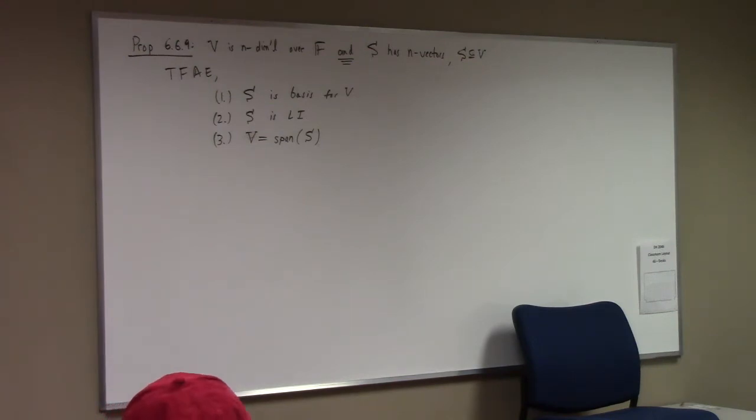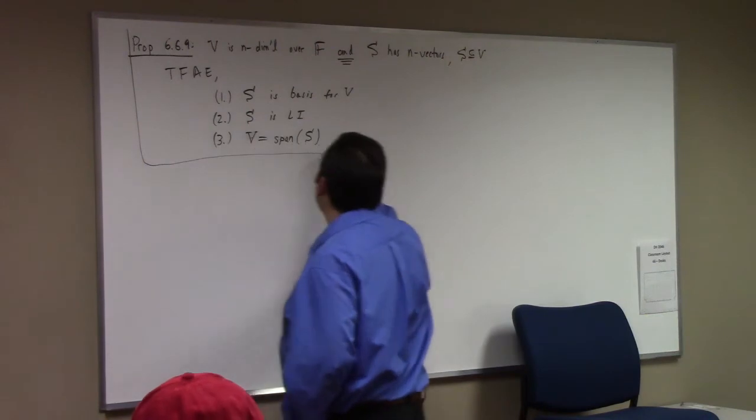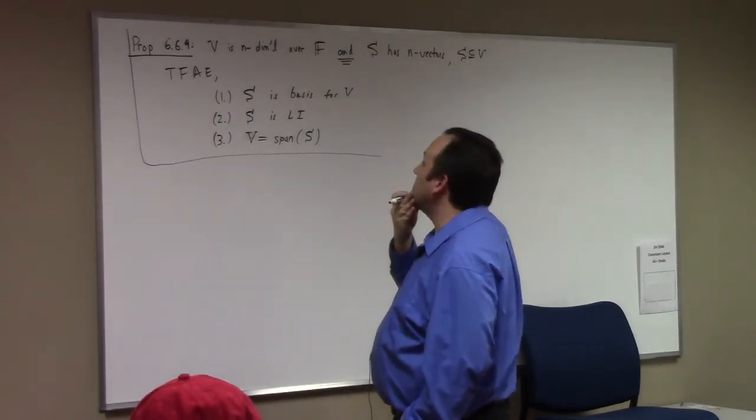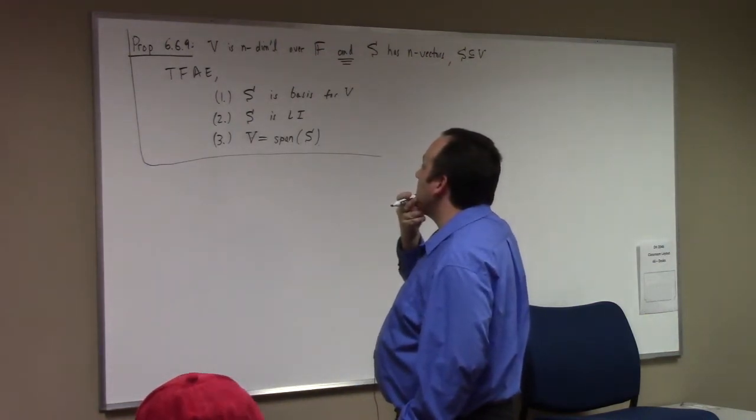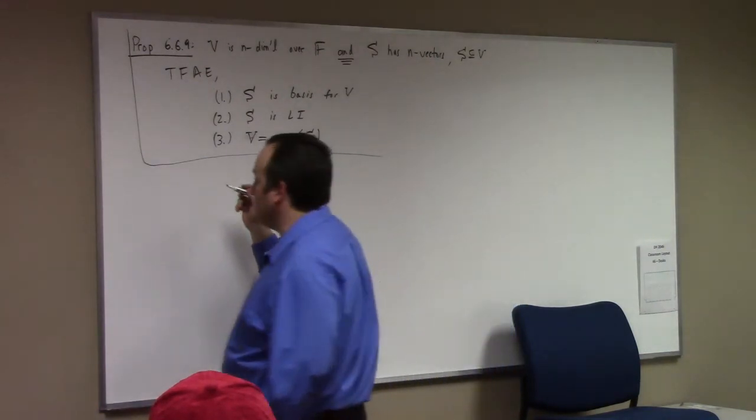The proof of this is very much similar to what we've already done today. It basically just rests on the plus-minus theorem. I'll just prove one of these things, okay? So let's pick on 2 implies 3.